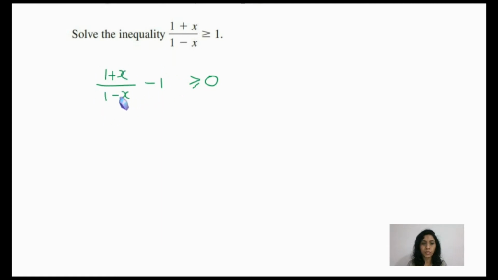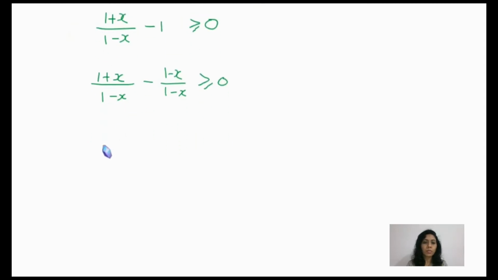So for this we have to make the same denominator. It means here multiply with 1 minus x. (1 plus x) upon (1 minus x) minus (1 minus x) upon (1 minus x) greater than or equal to 0. Now here same denominator.